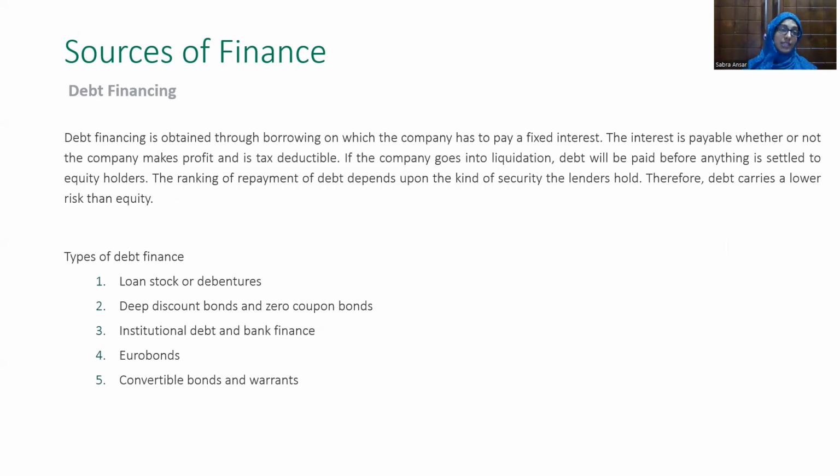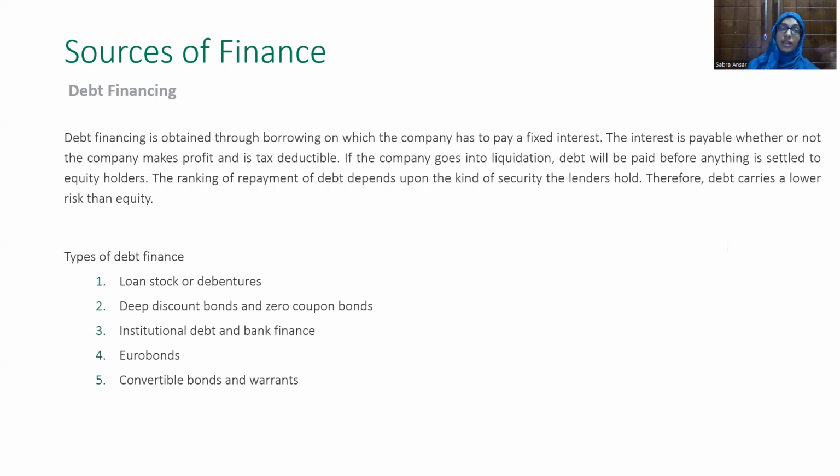These payments are tax deductible, and if the company goes into liquidation, we need to understand that the equity holders are the ones who get everything after paying the debt. So debt finance has less risk and obviously a lower cost of capital as well, and the ranking of repayment for debt finance is higher than for equity holders.